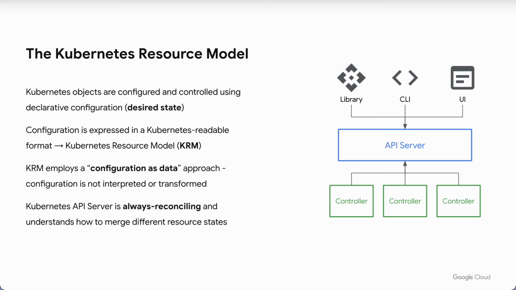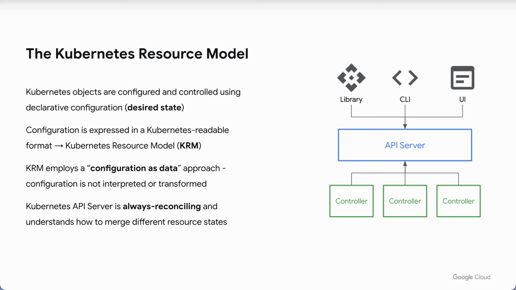So it doesn't have a lot of the same variability or parameterization in the same fashion. And the way this configuration also works with the Kubernetes API is that because you're expressing your desired state, the Kubernetes API server is always reconciling. It's always trying to make sure that the way your pod is running matches up to the way you defined and declared the state for your pod. And so that's the basics of the model.